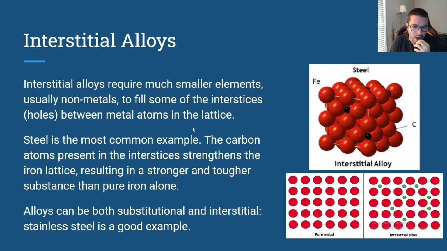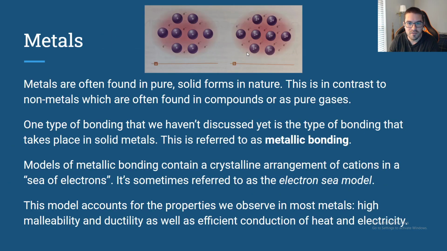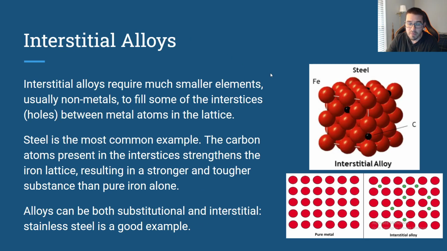Anyways, how it really works is interesting. The carbon atoms present in the interstices strengthen the lattice. Imagine if the carbon atoms weren't there, and you were pressing with your hand on that cube of iron. Due to the delocalized nature of metallic bonding, with this sea of electrons, metal tends to be pretty easy to reshape and reform.